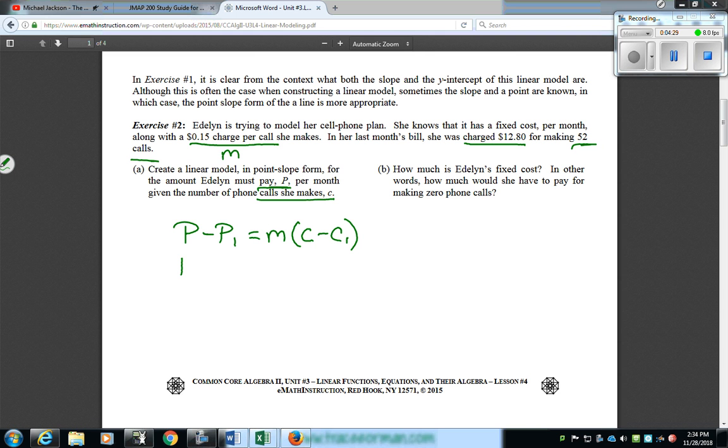So I got P minus, and P is the pay, so that's how much she got charged. So it's going to be P minus $12.80. M is the charge, the slope for a call. In this case, she got charged 15 cents per call. And then it's C minus, which C is the number of phone calls, and it said she made 52 calls.